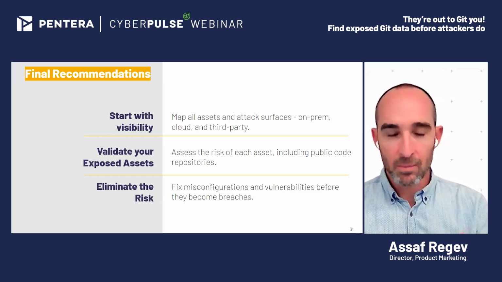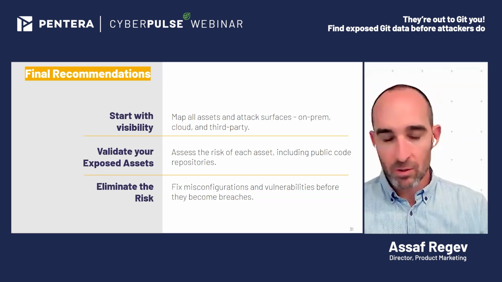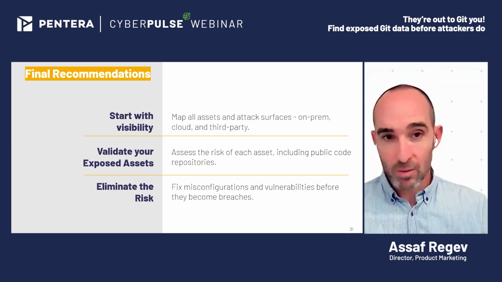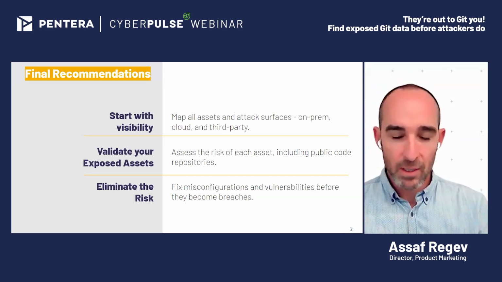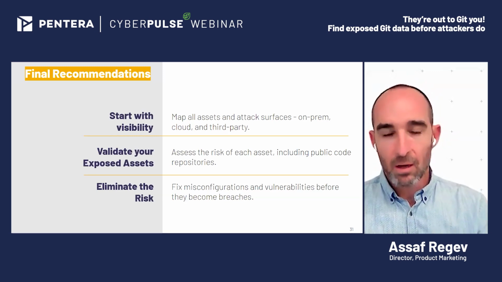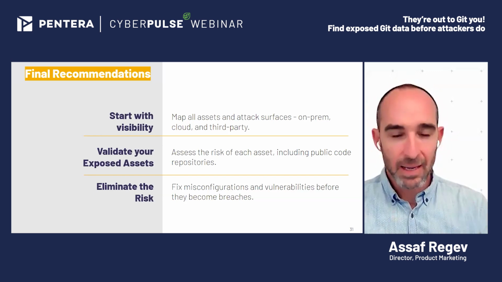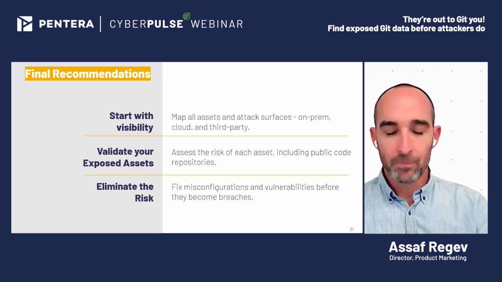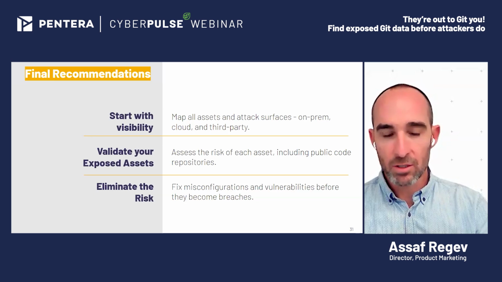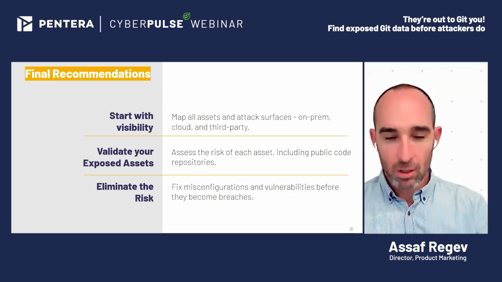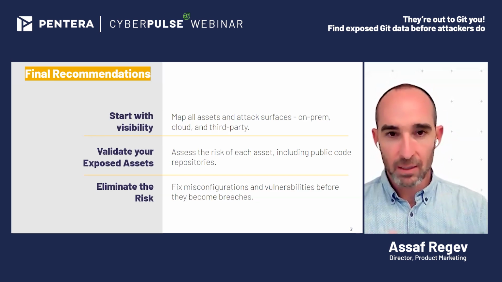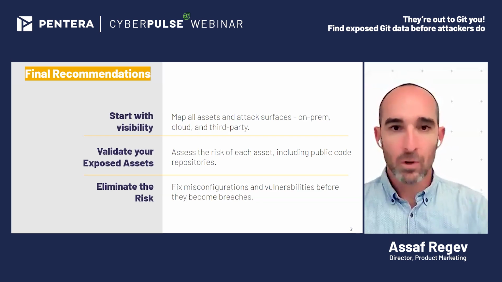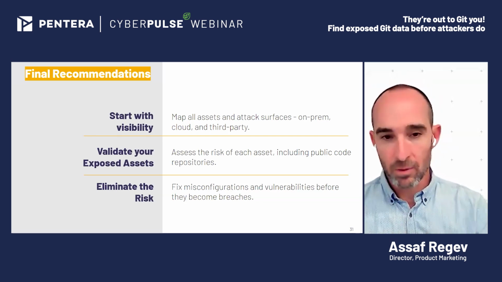We spoke about best practices when you build your SDLC, your software development lifecycle, and that applies everywhere. So get a really good understanding of your assets, of your attack surface, be it on-prem or cloud. We mentioned third party. You also mentioned that as an issue when we asked you the second question. So start with visibility, start with mapping the lay of the land, understand where your attack surface and exposure may lie, and start there.